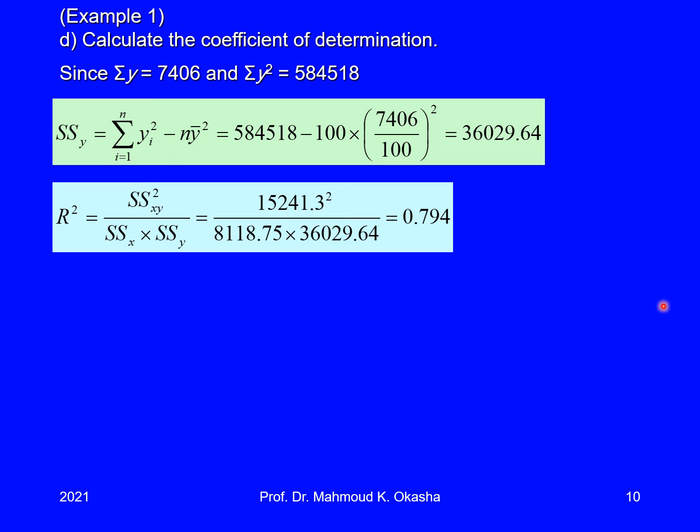The study time only explains the changes in the marks in that subject. 79% of the change in the marks of that subject is explained by study time, and the rest is explained by other variables or other factors, right?